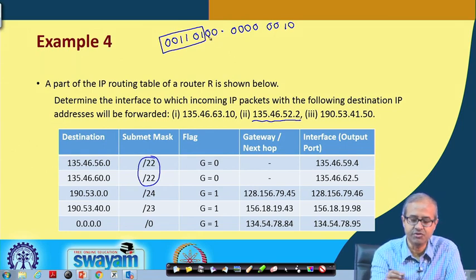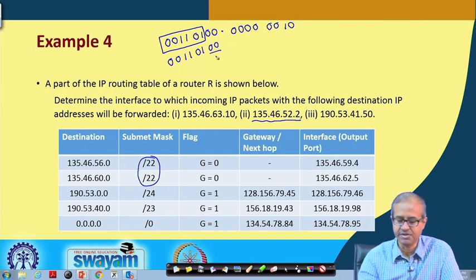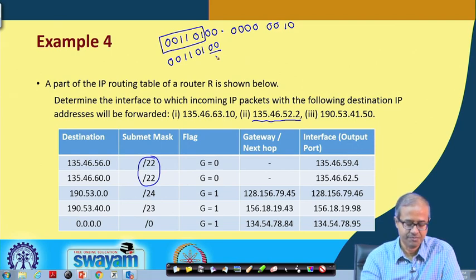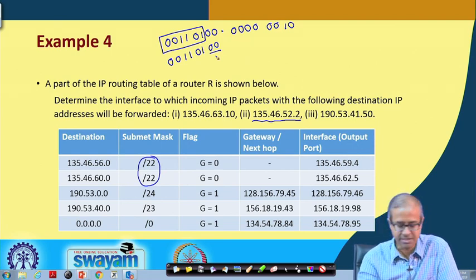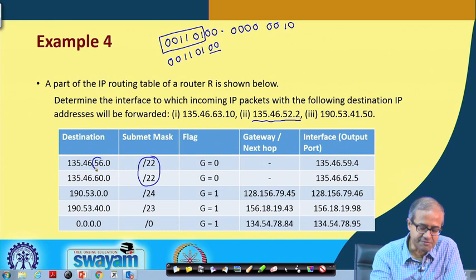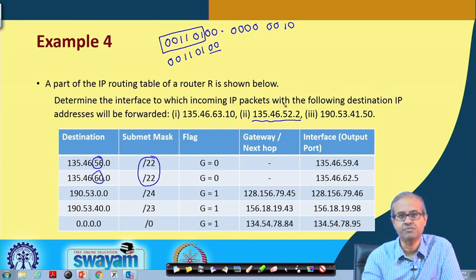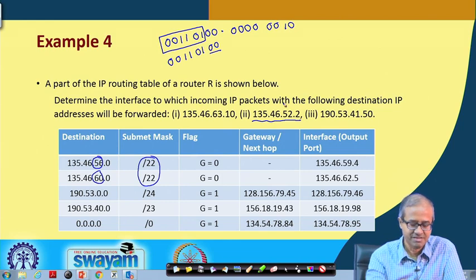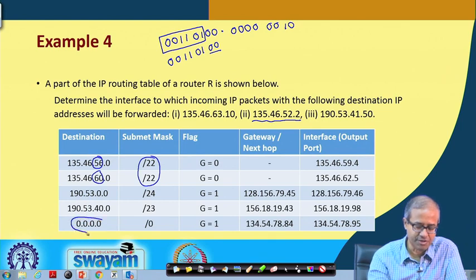And these 2 bits are anyway 0. So, if you do a bit by bit ANDing with this, it will remain as 52, but you see this is 56 and this is 60. So, it is not matching with 52. So, there will be no match. There will also be no match here, 190, also no match here. So, finally, it will go to the default.